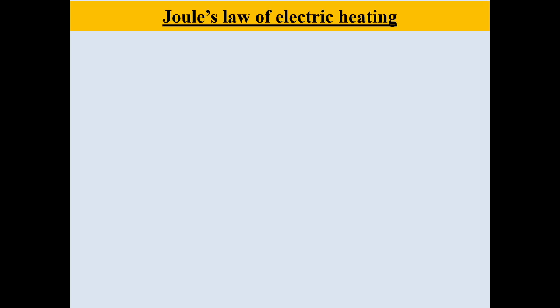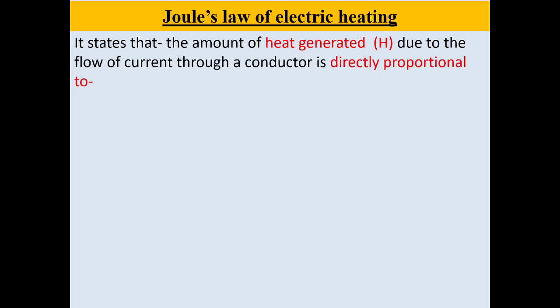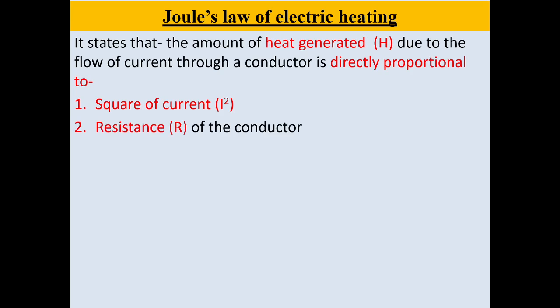The amount of heat energy generated here is given by Joule's law of electric heating. Joule's law of electric heating states that the amount of heat energy, capital H, due to the flow of current through a conductor is directly proportional to three factors. First, square of current, second, resistance of the conductor, and third, time for which current flows. Combining all these three, H is directly proportional to I square RT.